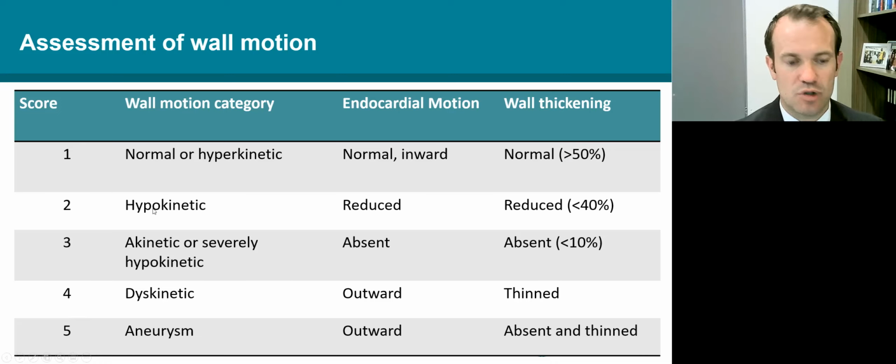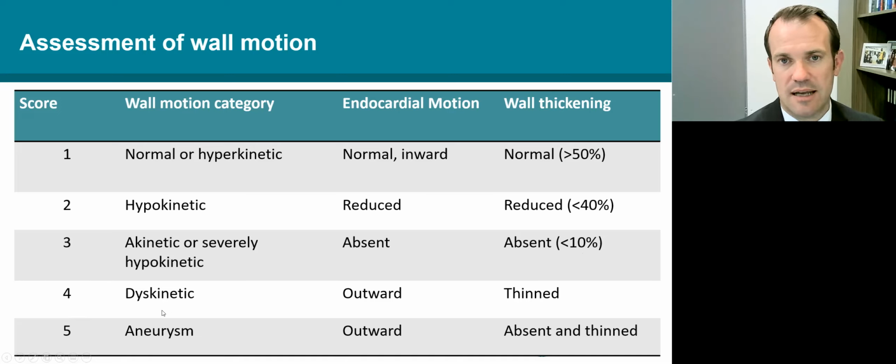A score of 2 denotes hypokinetic segments, with reduced thickening of less than about 40%. We give a score of 3 for akinetic or severely hypokinetic segments, where we see no endocardial motion and absent or less than 10% wall thickening.